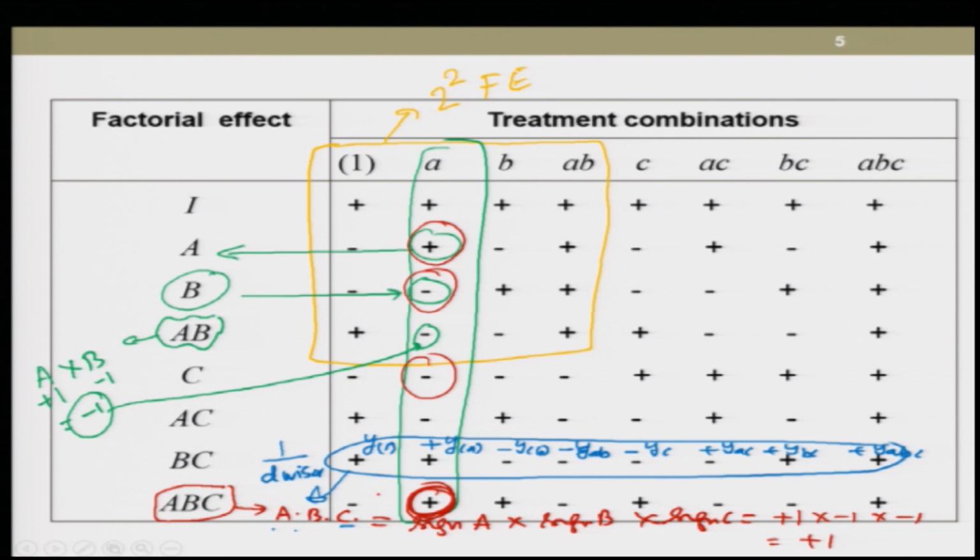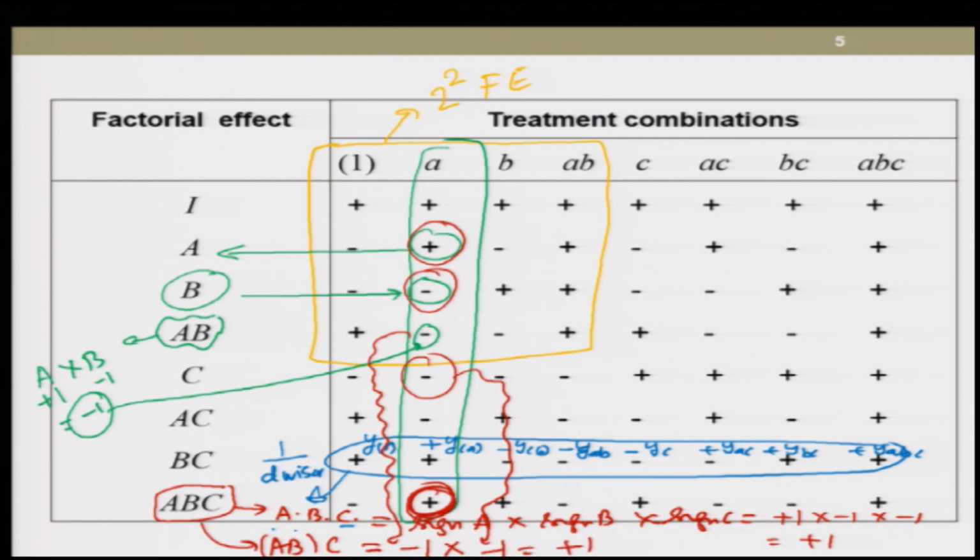Also, there are other ways. Sign of ABC can also be obtained as sign of AB into sign of C. Sign of AB you can see here with my pen is minus, so minus 1 into sign of C, which is minus 1, which is equal to plus 1.